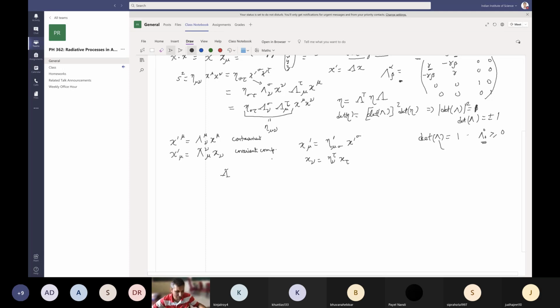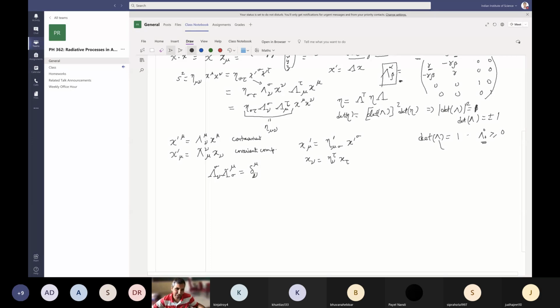There are certain properties, for example, lambda sigma nu. This is like a mixed tensor. One of them is a raised index and the other is a lower index. So it's a mixed tensor. Mu sigma is equal to lambda delta function nu mu, right? From just these identities and matrix properties, you can prove all this.